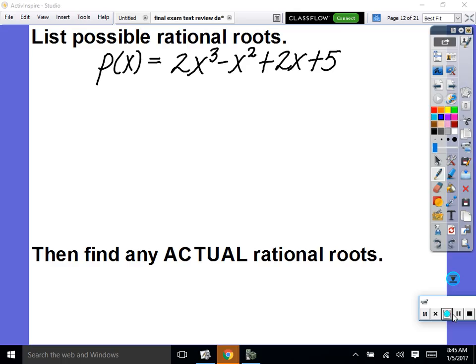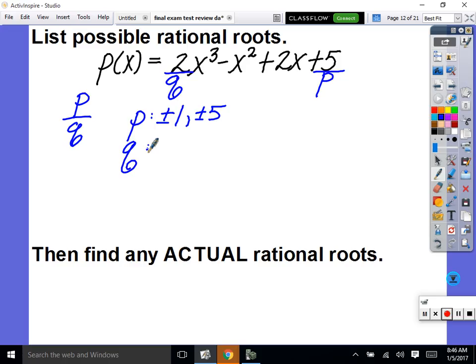This was found doing P over Q. So remember that the first coefficient is Q, and the constant is P. So you list out factors of P, anything that multiplies to be 5, plus or minus 1, plus or minus 5. Q, list out every factor that could multiply to be 2, plus or minus 1, plus or minus 2.